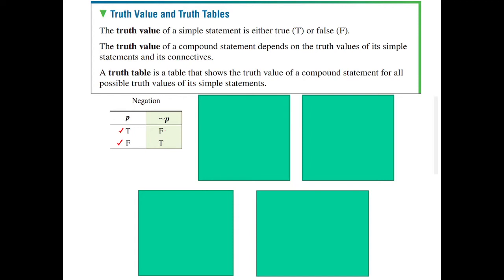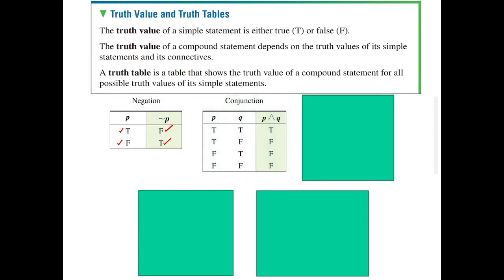Of course, it's false. Not false is true. So this is how you do negation. You take the opposite of the truth value. Negating true will give you false. Negating false will give you true. That's negation.